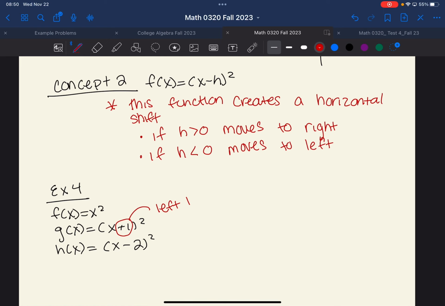If you see a negative number, it moves right. So that plus 1 tells us it's going to move left 1. What about this minus 2? Right 2. So we are going to, let me see, good.